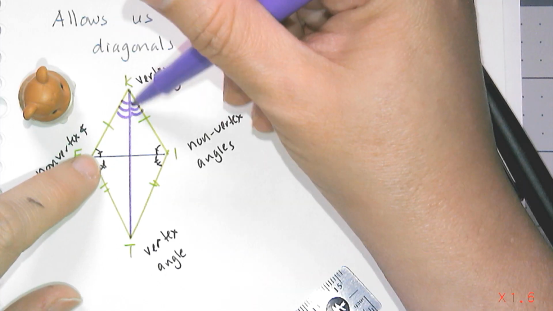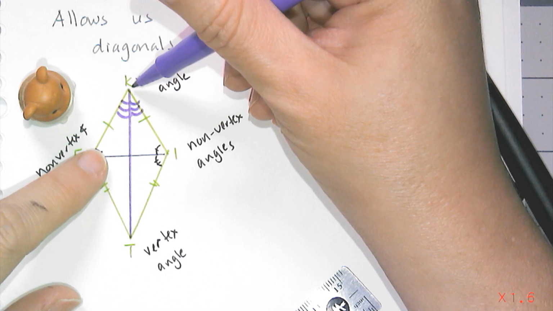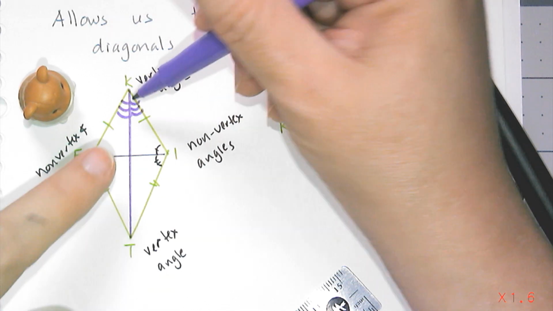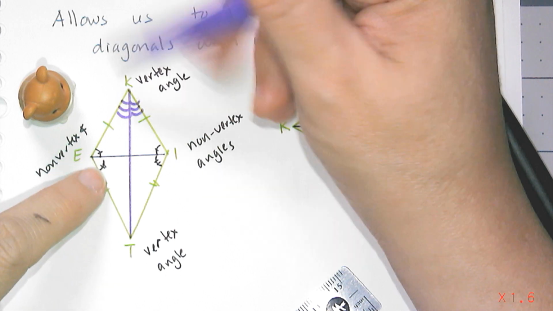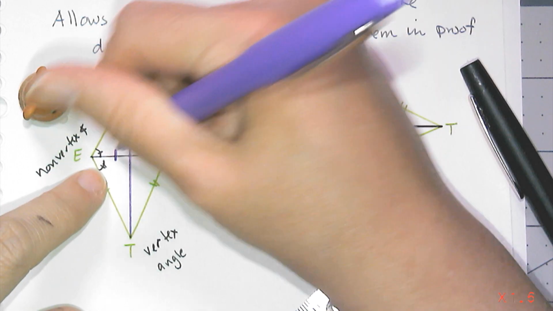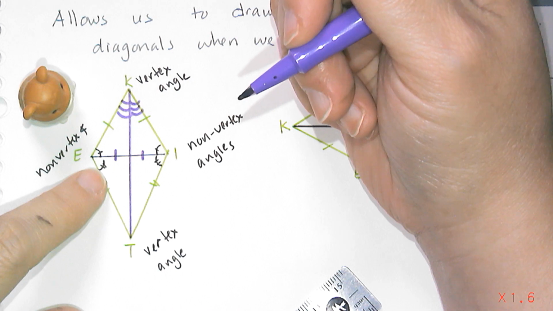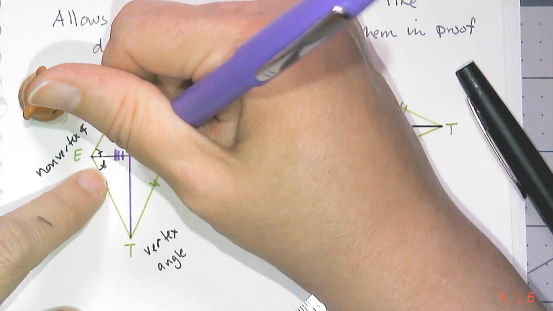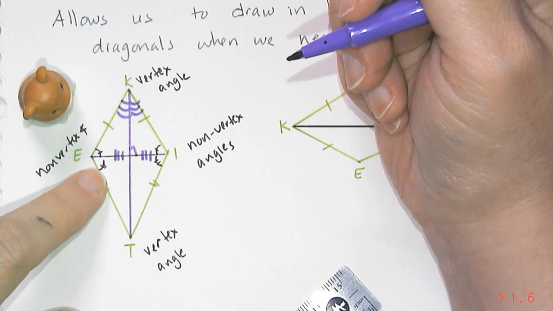I know that the angle bisector of the vertex angle of an isosceles triangle is more than just the angle bisector. It is also the median, which cuts the base in half, and it's also the altitude, which means it's perpendicular.